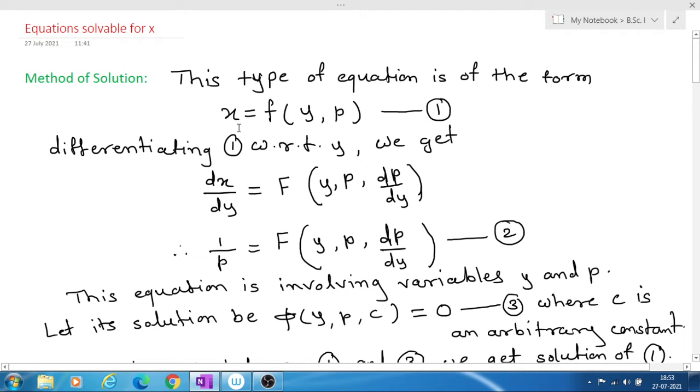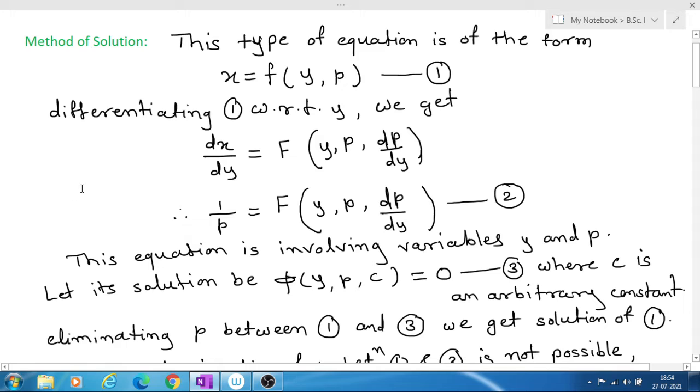So equation is of the form x is equal to f of y and p. So when it is solvable for x, the equation is written in this form: x is equal to function of p and y. So similar to previous method, here also we differentiate this equation.